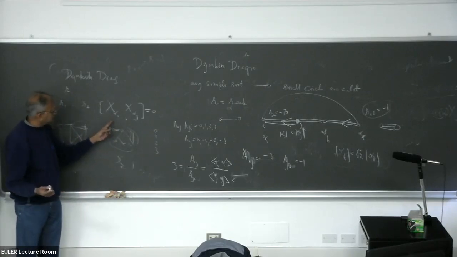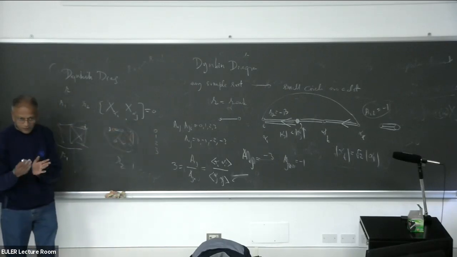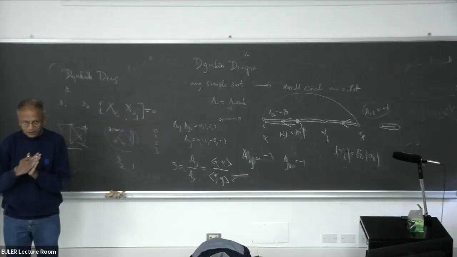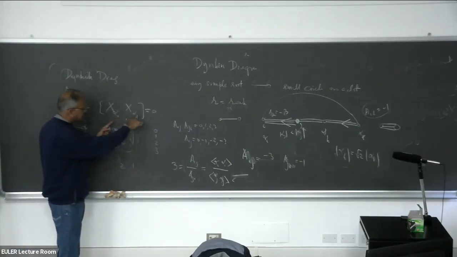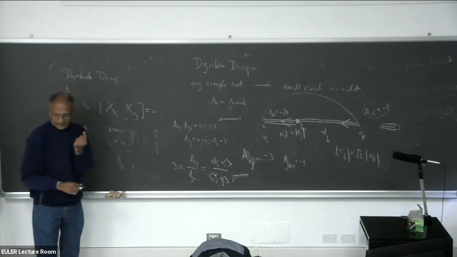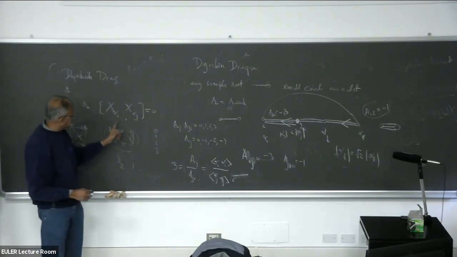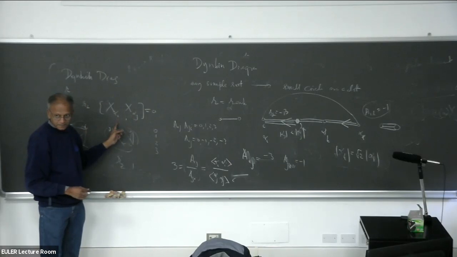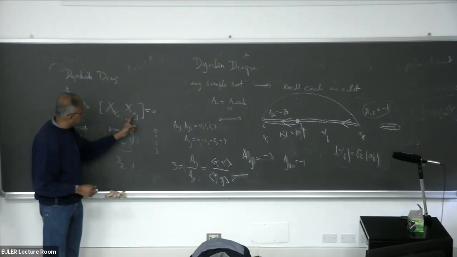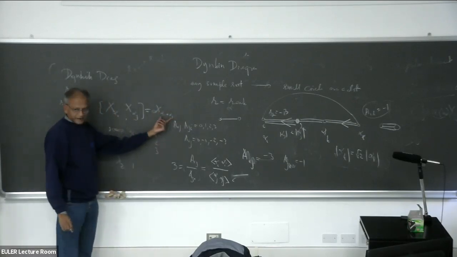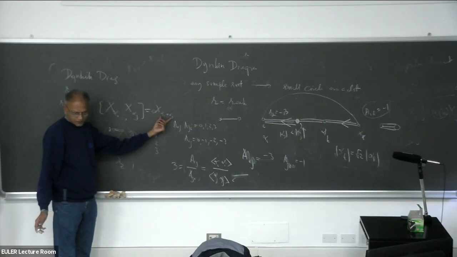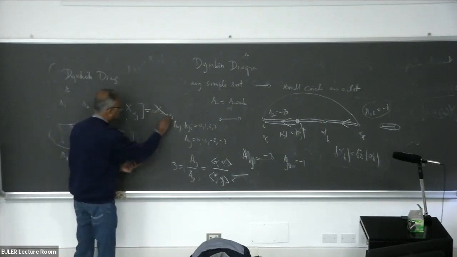So when Aij is 0, that means the q is also 0. So the string of alpha i through alpha j was of zero size, which means that the commutator vanishes. This commutator would have been x alpha i plus alpha j, but alpha i plus alpha j is not a root, so this simply doesn't exist. Therefore this is 0.